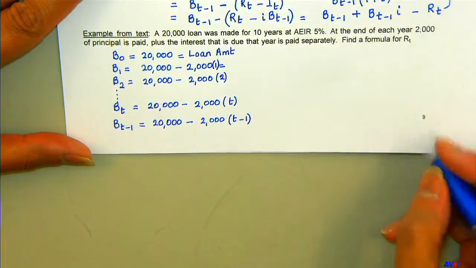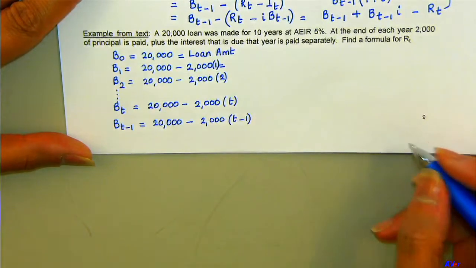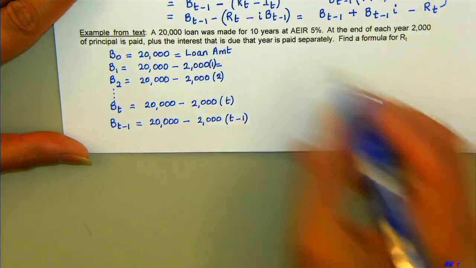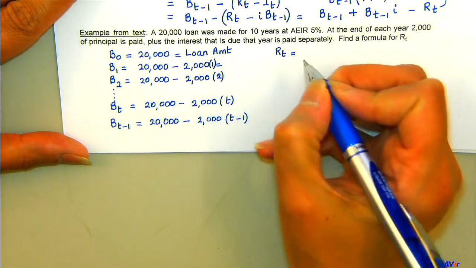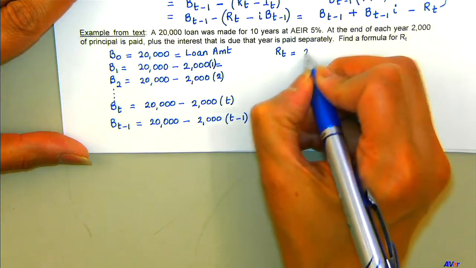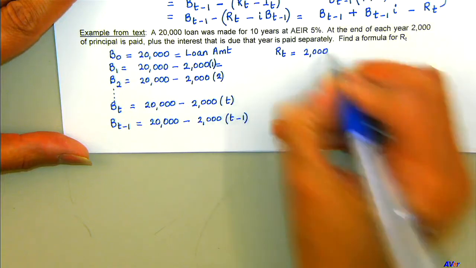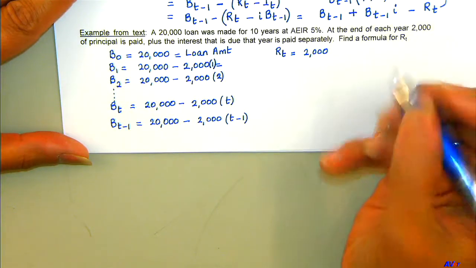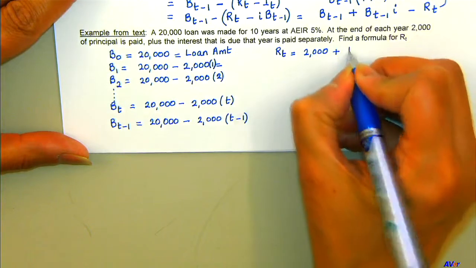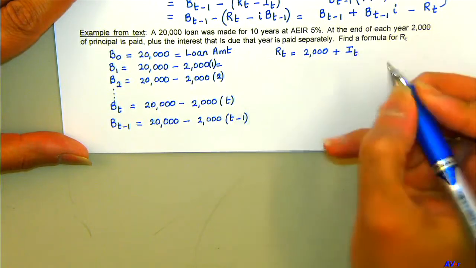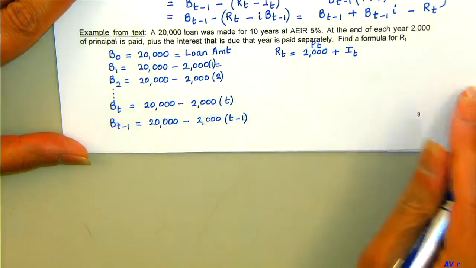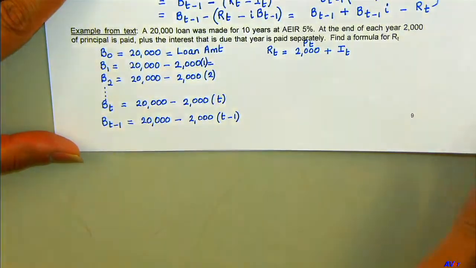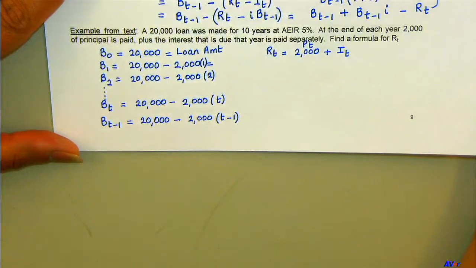So then I write an expression for the total payment, R_t, which is what they're looking for here. So R_t is equal to 2,000, which is the constant principal payment every year, plus I_t. So I'm using R_t equals P_t plus I_t, where P_t is constant every year.